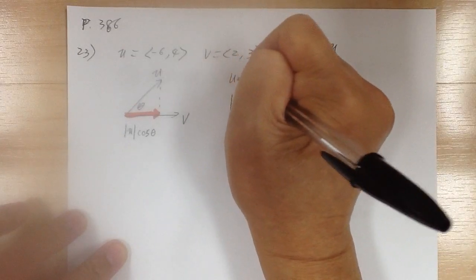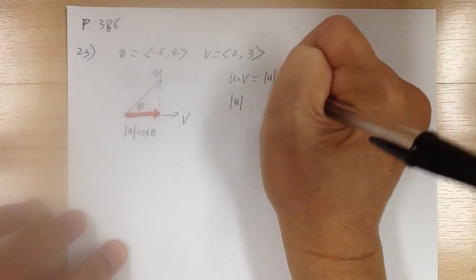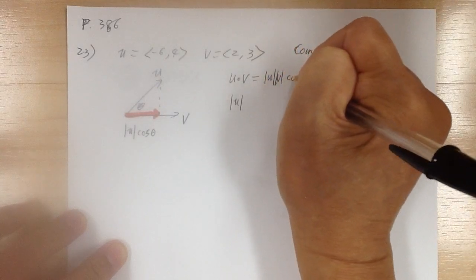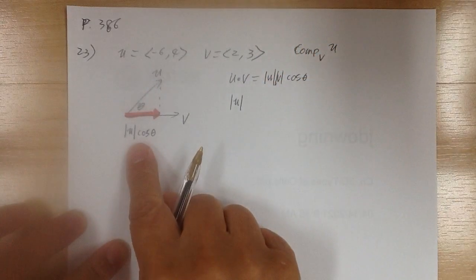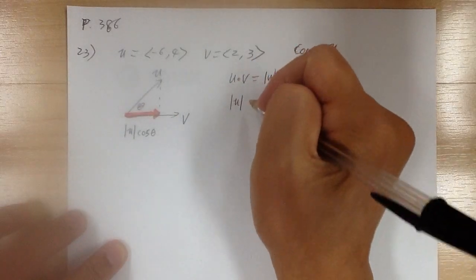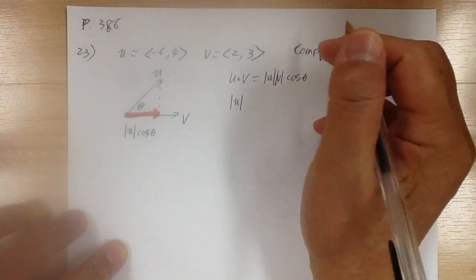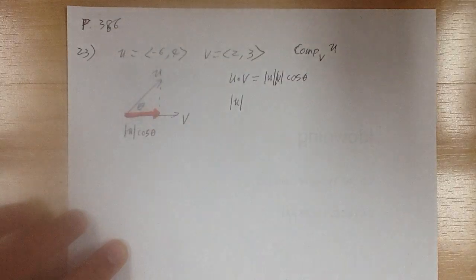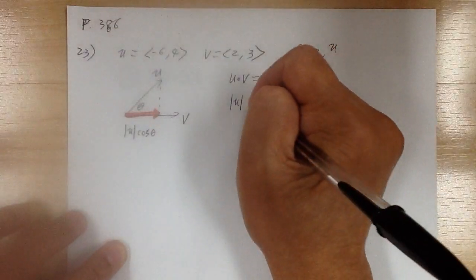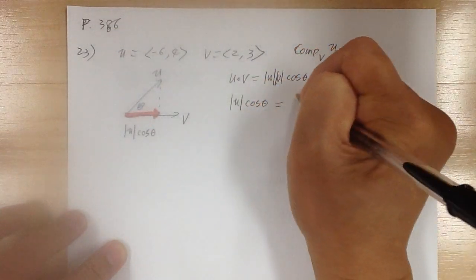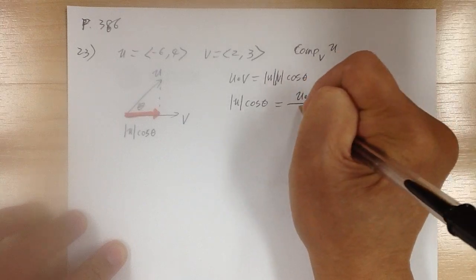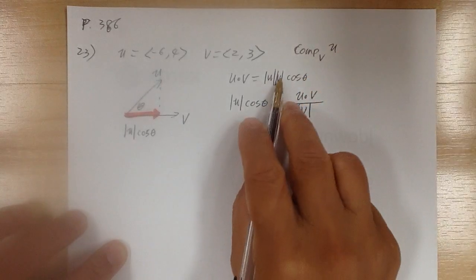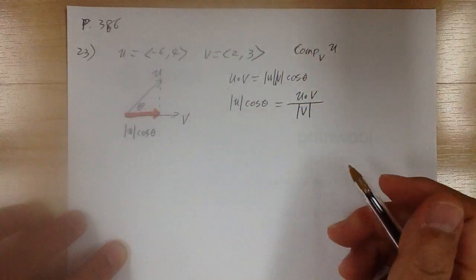Again, you start with u dot v equal to u v cosine theta, and for the part you're looking for, you have to divide. So u cosine theta will equal u dot v divided by v.